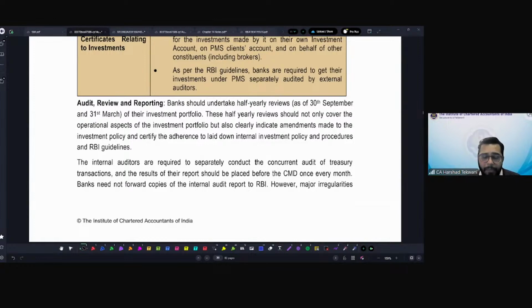So by reading plus by having an understanding now, you will be able to understand how the audit procedures are performed for specific areas. Any doubt till now? No? Okay.